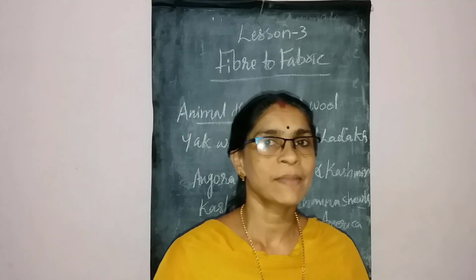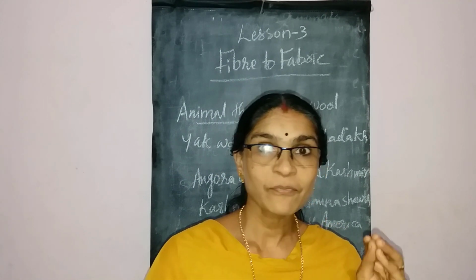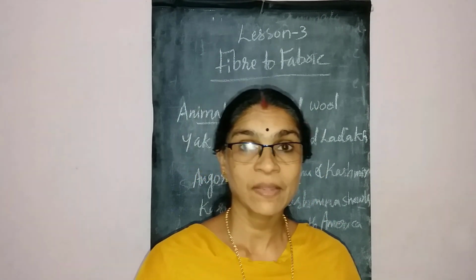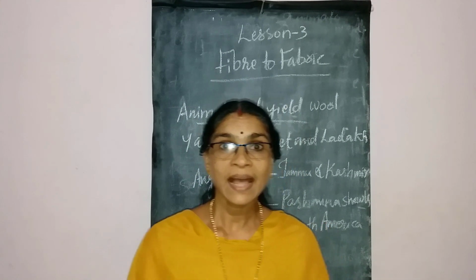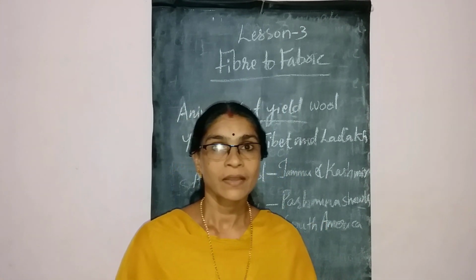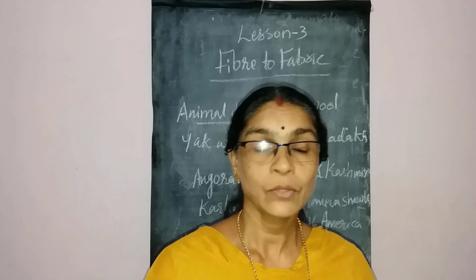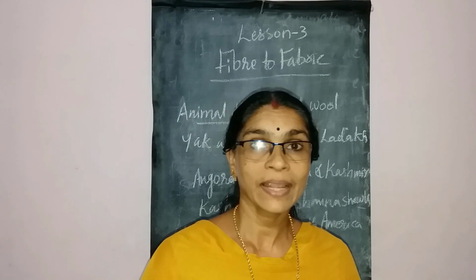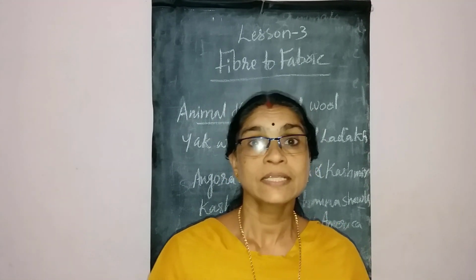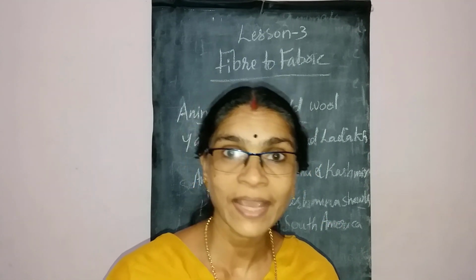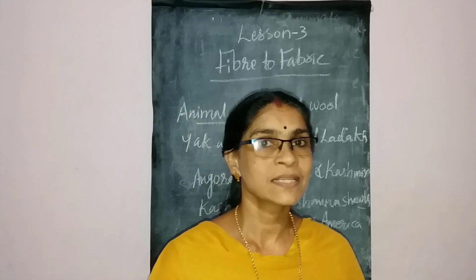The third assignment, you have to find out and locate the places in India and in the world where we get wool from animals. You can use different colors of sketch pen to locate different varieties of animals. Okay, these are the three assignments you have to do today.